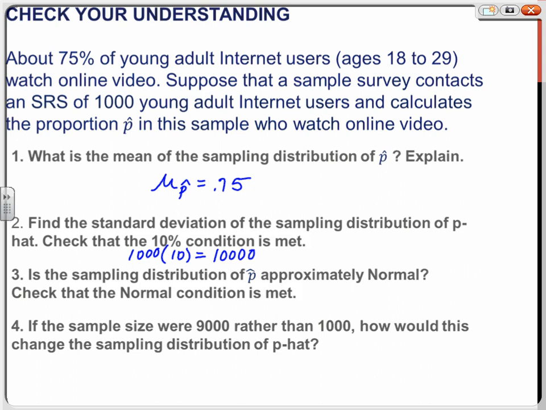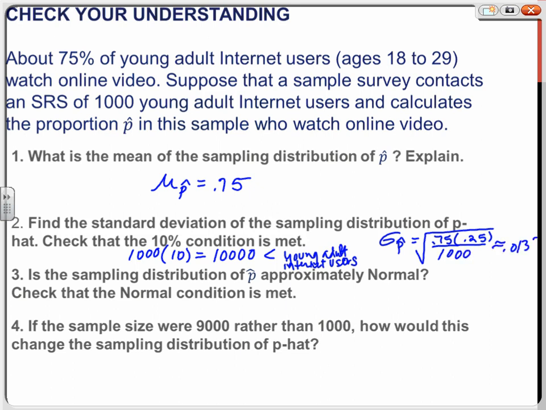Okay? Young adult internet users. So let's see, sigma sub p-hat, so that standard deviation is going to be the square root of 0.75 times 1 minus 0.75 over n, which was 1,000. And that is approximately 0.0137.